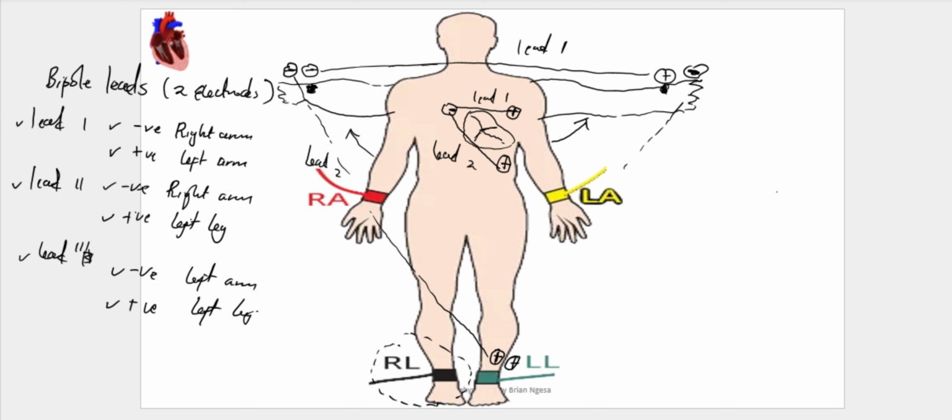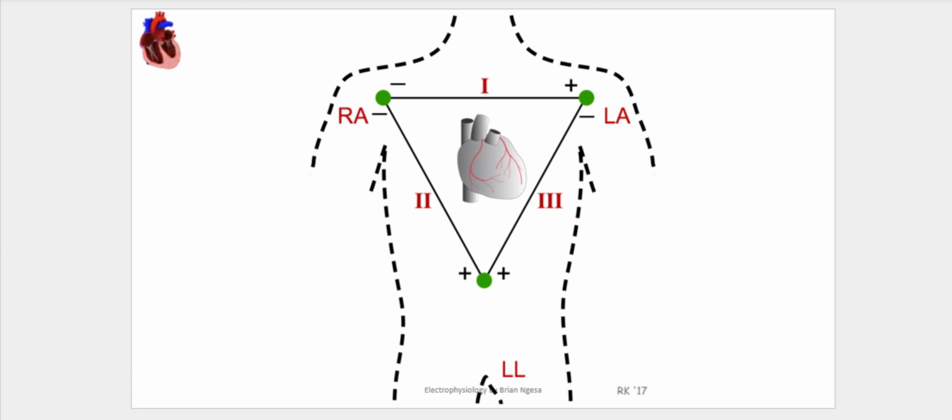You extrapolate, you join this, and you'll have your lead 3. In relation to the heart, here is another positive, another negative. This is how the heart will be caged in this electrical field. So a clearer picture in terms of what we'll have.